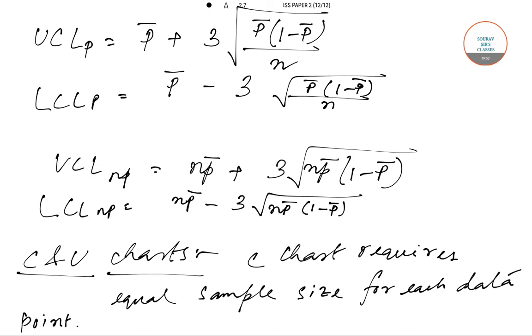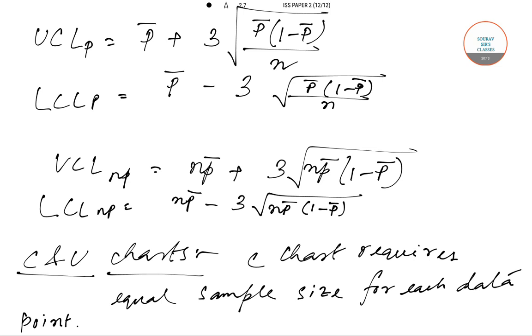For example, in evaluating errors on loan applications, you would be able to use this chart if you sample the same number of applications each week. That is, you have to check the same number of applications every week.